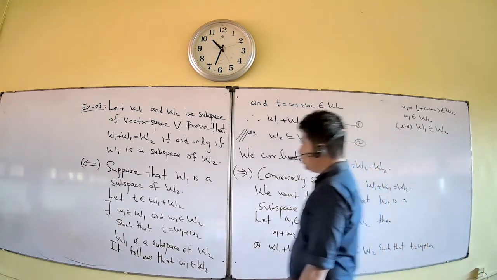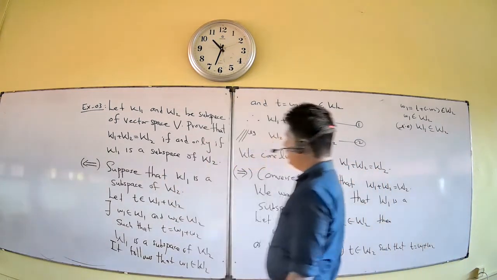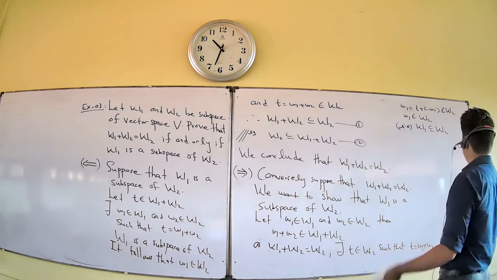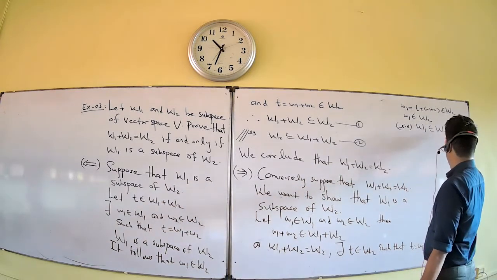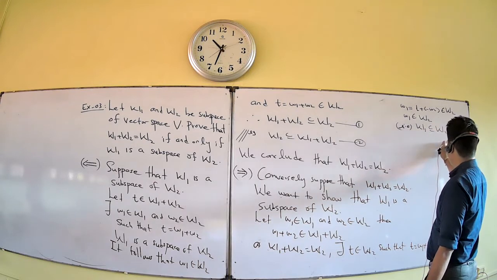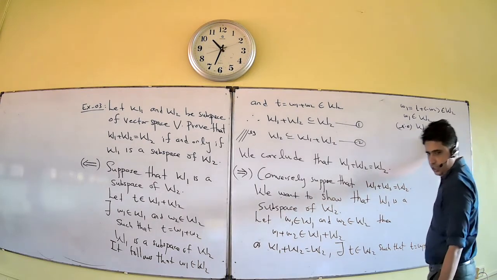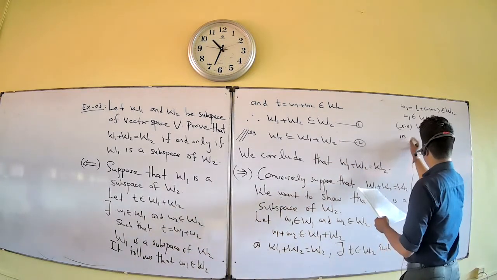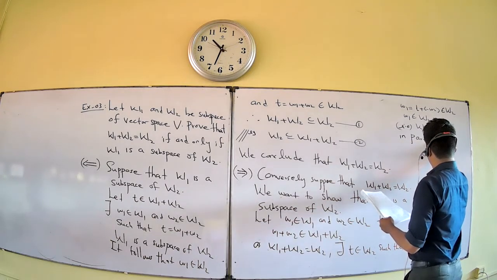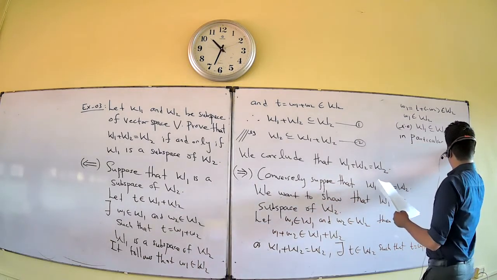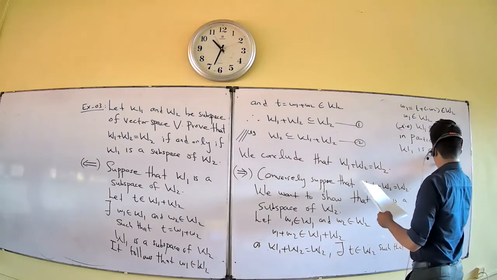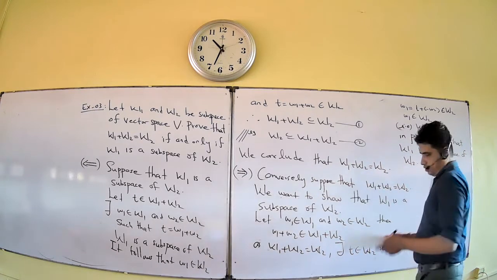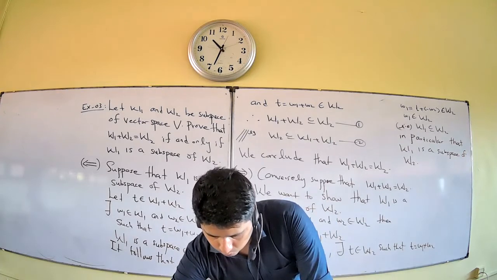Here they asked to prove W1 is a subspace of W2. Therefore, you only need to show W1 is a subset of W2. Since W1 and W2 are subspaces, in particular W1 is a subspace of W2.